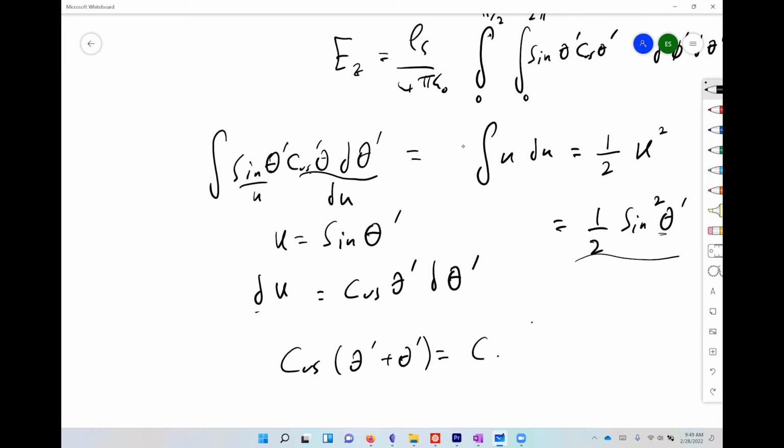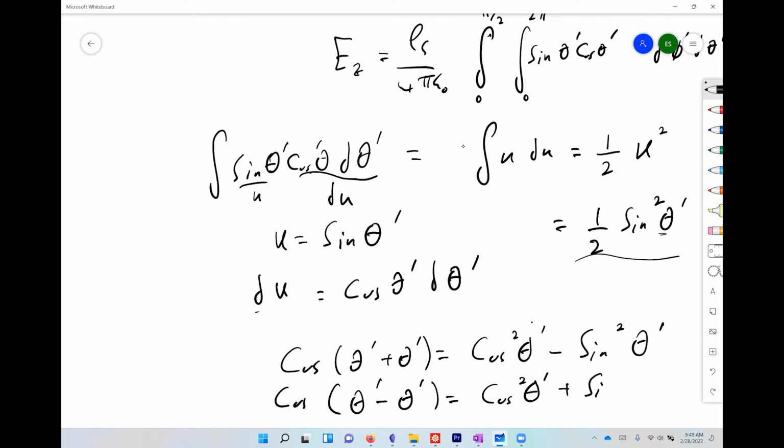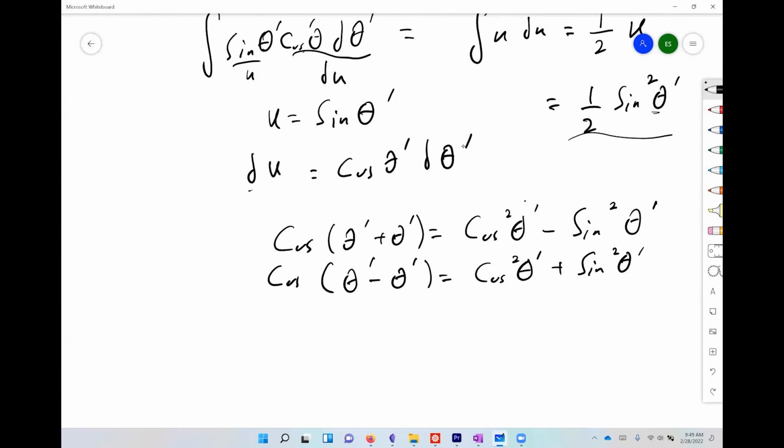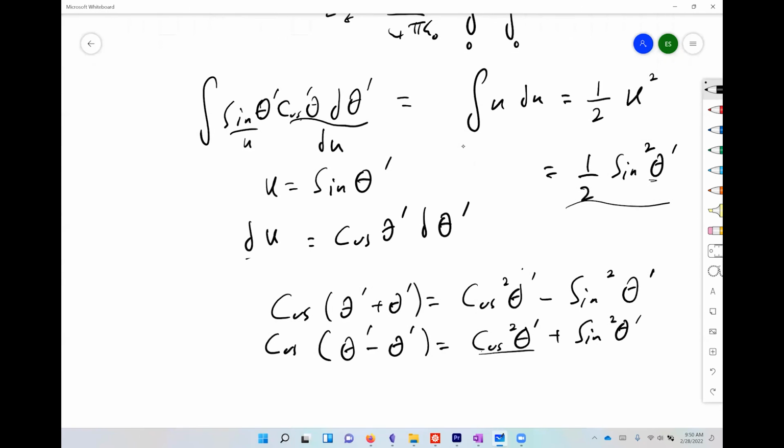That's going to be cosine squared theta prime minus sine squared theta prime, and then cosine of theta prime minus theta prime is going to be cosine squared theta prime plus sine squared theta prime. Let me see, I'm trying. I forgot the trigonometry.